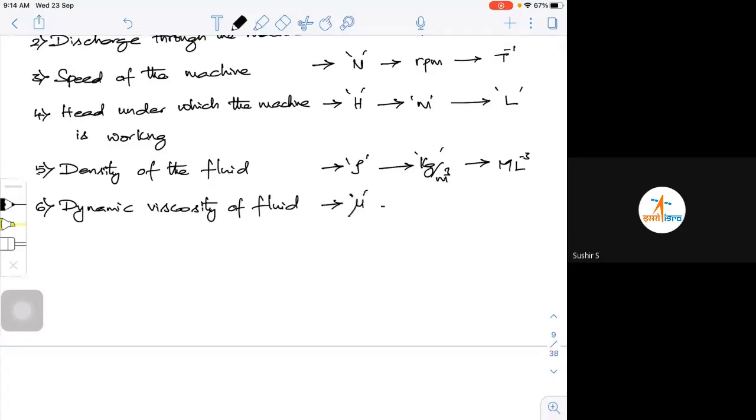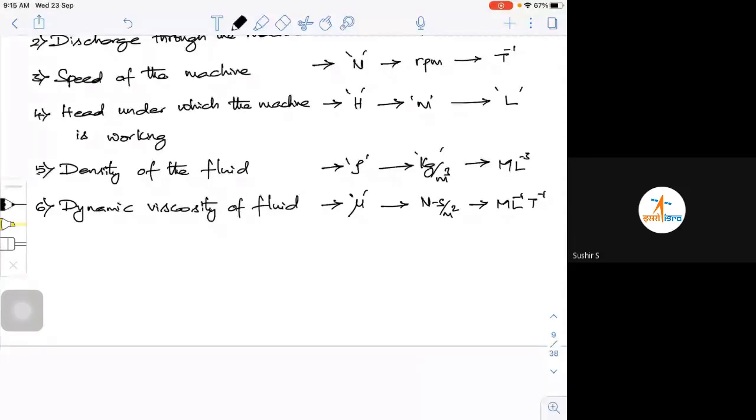It is Pascal second or Newton second per meter square, and its non-dimensional form is M L to the power of minus 1 T to the power of minus 1. If I simplify for Newton, what is Newton? It is mass into acceleration. If I simplify all those things, the second, the meter square, you'll end up with M L to the power of minus 1 T to the power of minus 1. This will be your simplified unit.